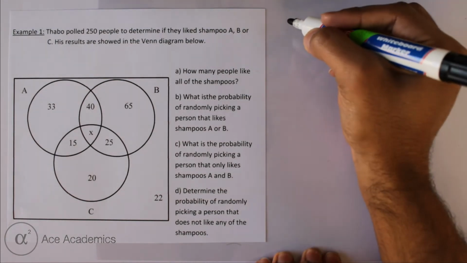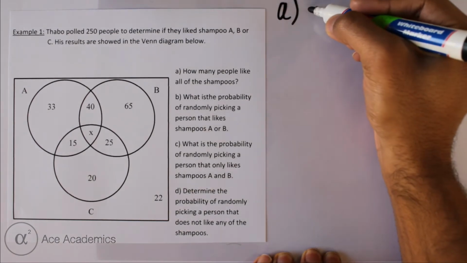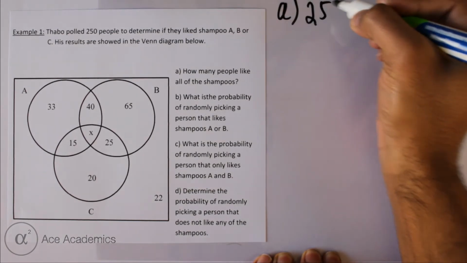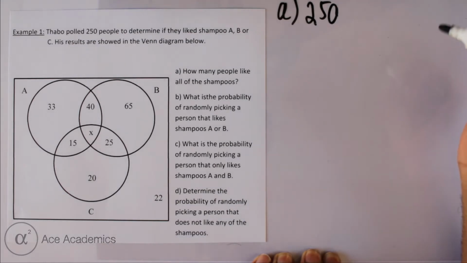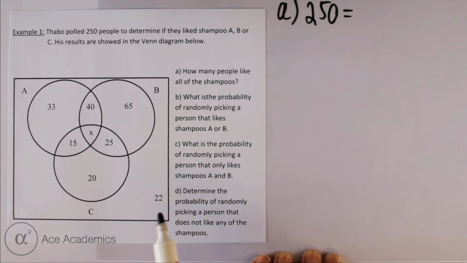So, doing this, we're going to say that the total number of people, 250, is equal to the sum of all the numbers on the Venn diagram. And don't forget to add the numbers outside of the circles, the 22 in this case.